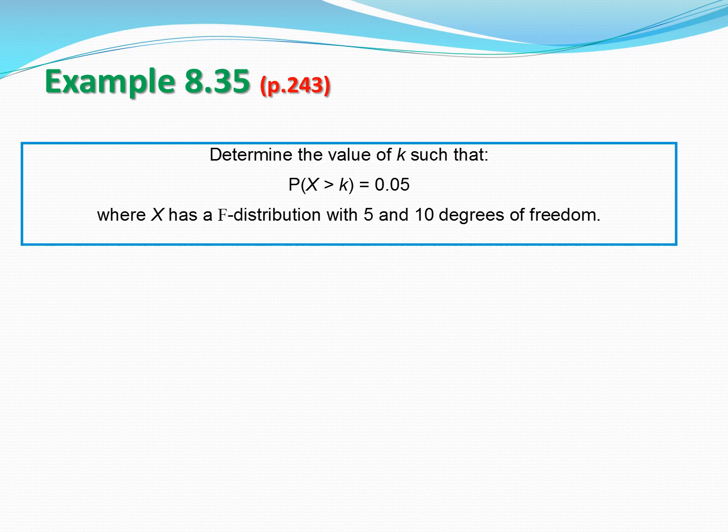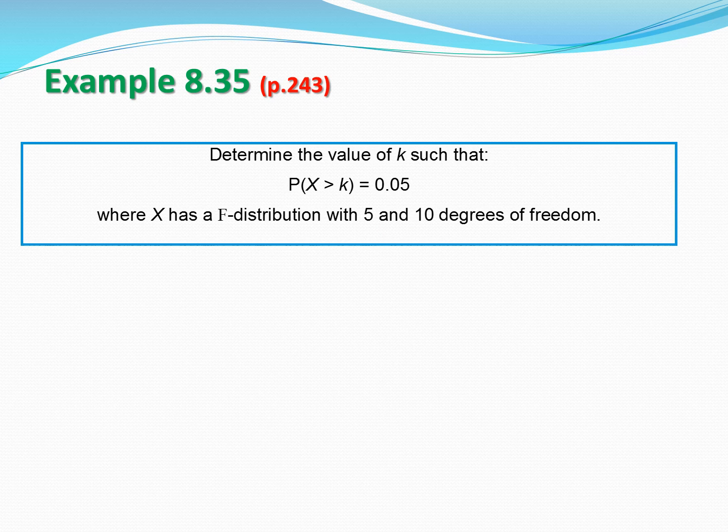Let's look at an example on the F distribution. In example 8.35 on page 243, they tell you to determine the value of k such that the probability that your random variable is greater than k is 0.05. And then they tell you that your random variable has an F distribution with 5 and 10 degrees of freedom.